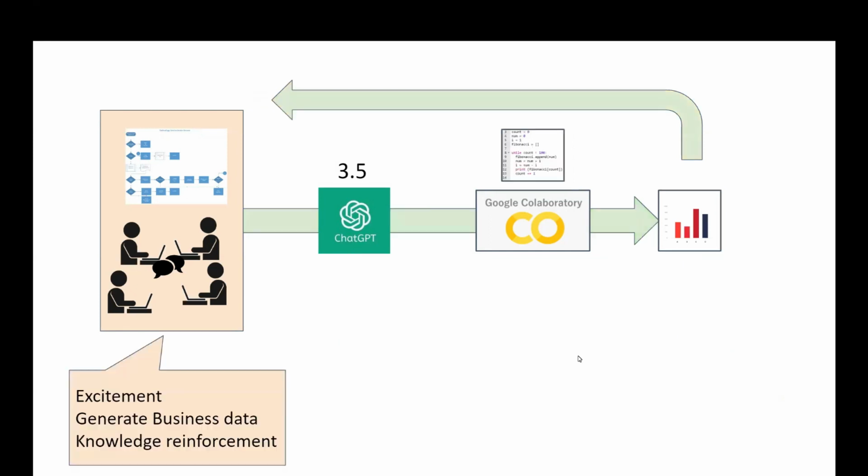So why do we use a game? The game is to provide excitement, to generate business data, and for knowledge reinforcement. You don't have to play a game. You can just use your own data that you come up with in Excel and then do the same thing, no problem.